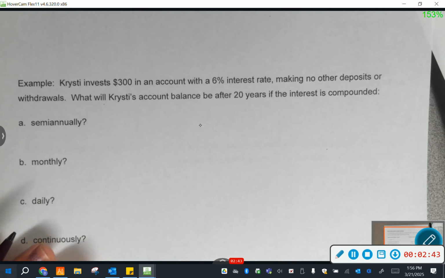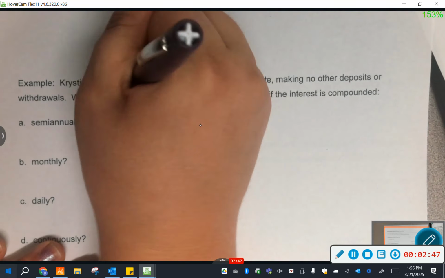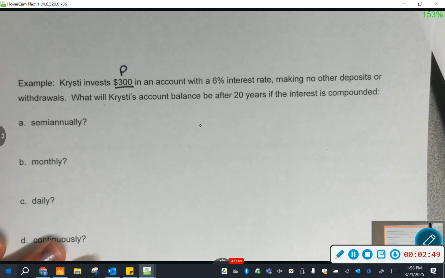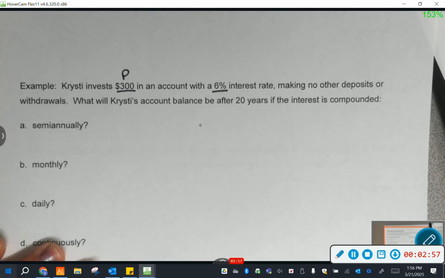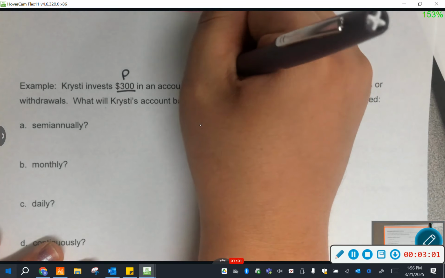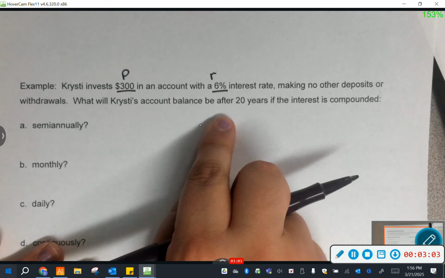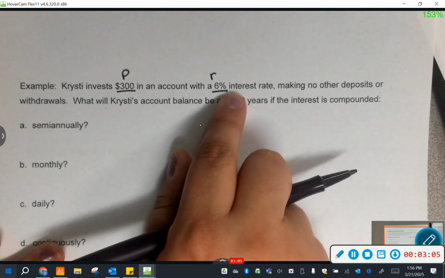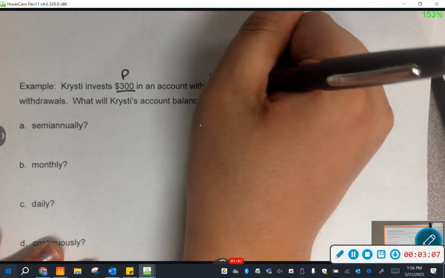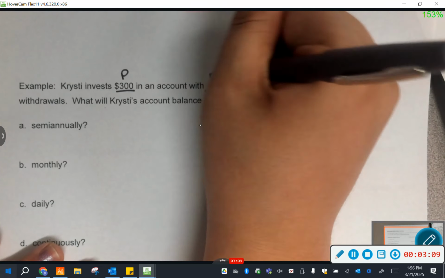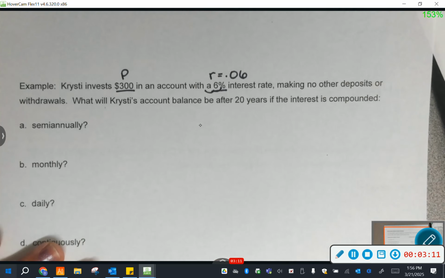How much does she have in her account? 300. What letter is that? 300 is the letter P. What about 6%? 6% is my R. However, R is not 6%. Whenever you have a percent, how do you plug that into the formula? Do y'all remember to move the decimal over twice? So R is 0.06.